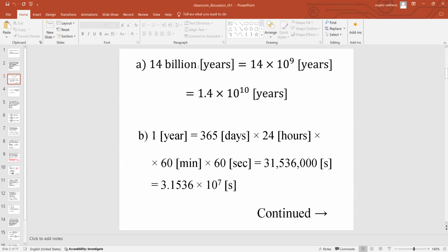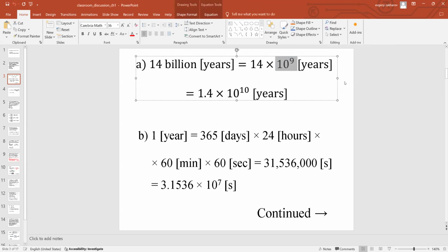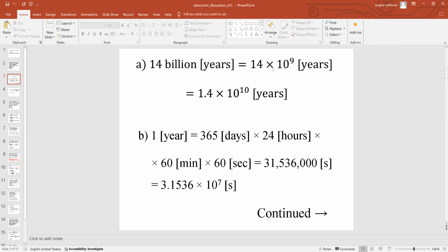So billion, you have to recall the prefixes. Billion stands for 10 to the power of 9. So 14 billion is 14 times 10 to the power of 9. You multiply by 10 nine times. That's what's given.